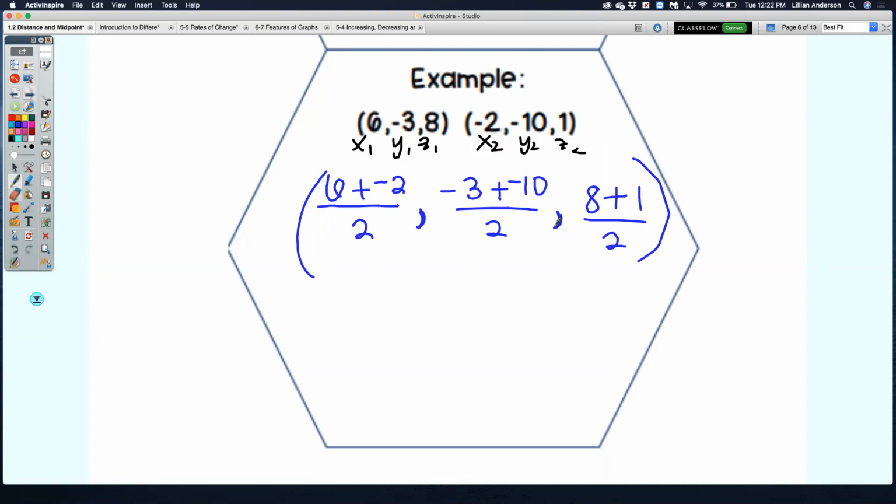So then you'll have 6 plus -2, which is 4. Then you'll have -3 plus a -10, which is -13.